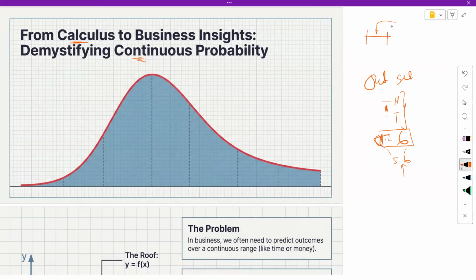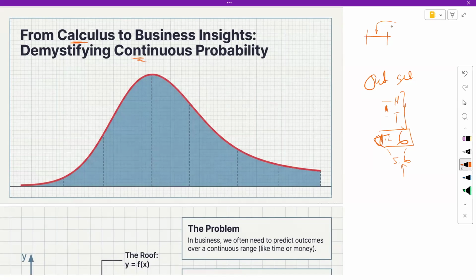We can't say the number of calls we receive within one minute is 2.6 or 3.5. Customers are 20, 50, 100, like that. We can't say 2.6 customers come to the shop. So binomial and Poisson distributions come under discrete probability distribution.